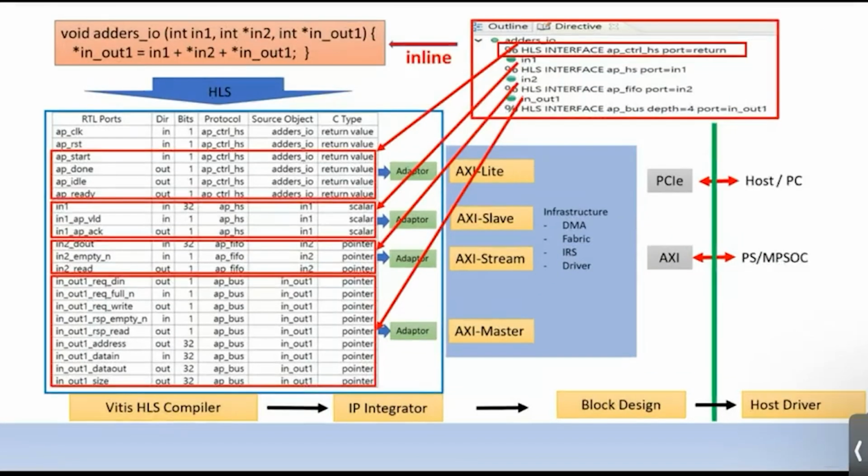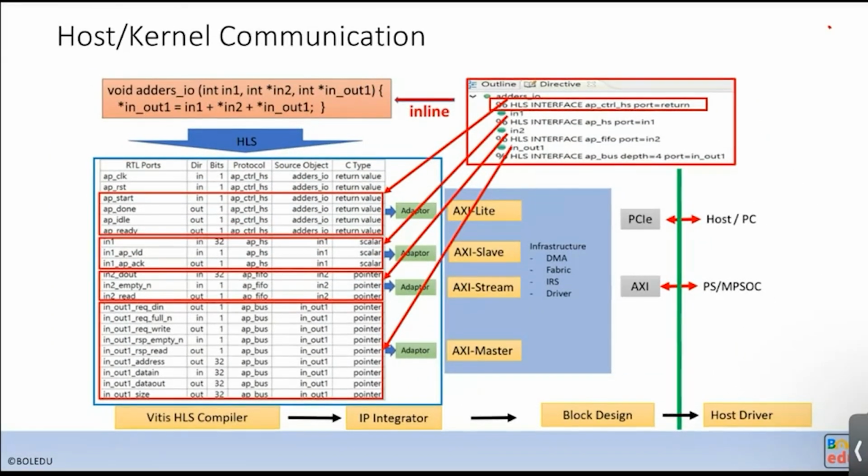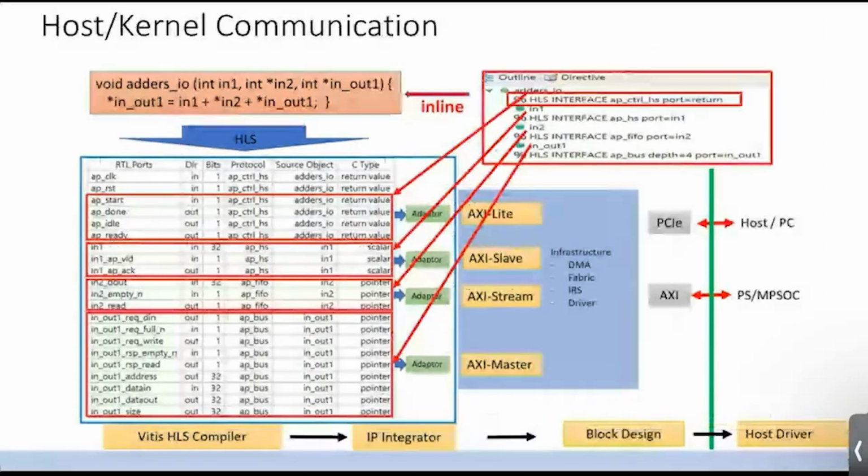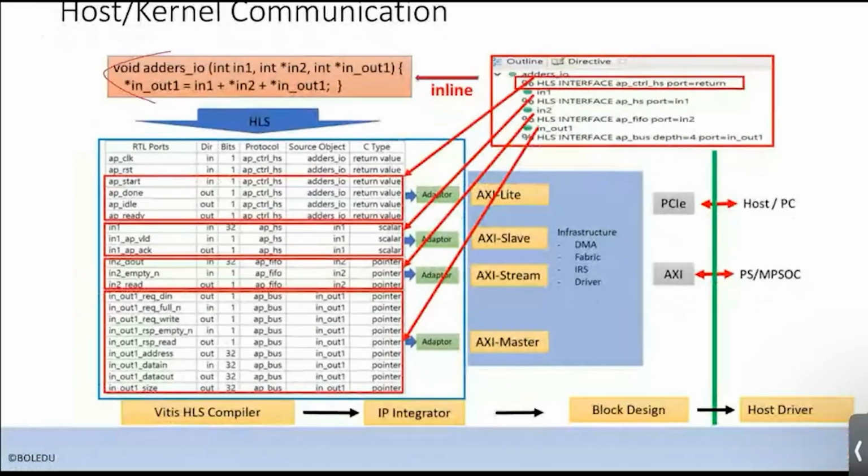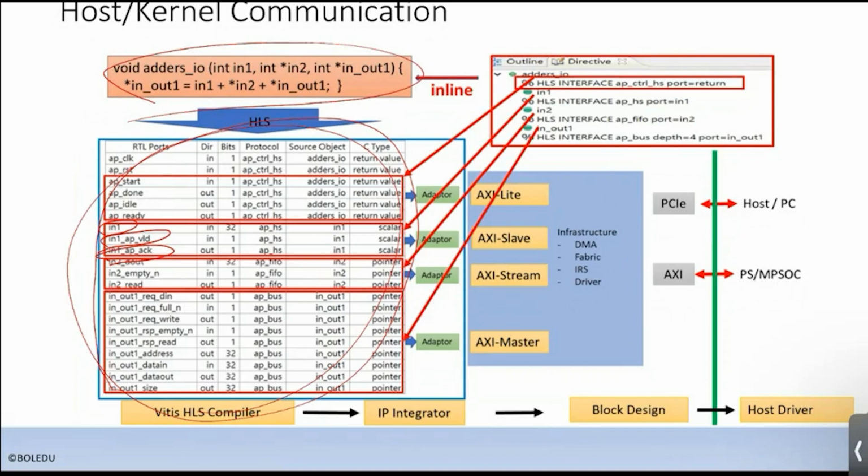This slide, I touched on a little bit in the previous lecture. In this example, when you run the HLS synthesis and look at the interface, it generates a report like this one. For the input, you see the AP valid and AP ACK, so that uses the port level protocol like this.